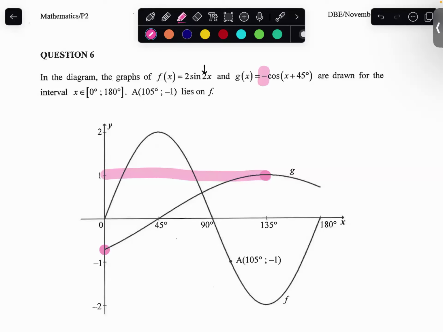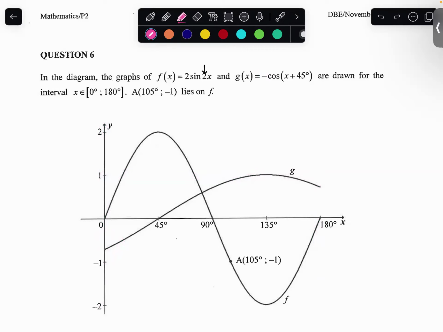It is if the graph was drawn longer than 180. Like if it was drawn to 360, you would see that -1. But within the interval between 0 to 180, the lowest point that g reaches is this point, and that's not at -1. So I need to figure out what that point is.